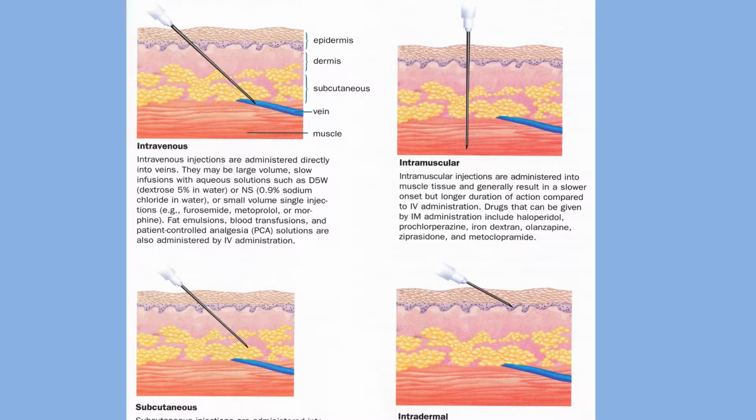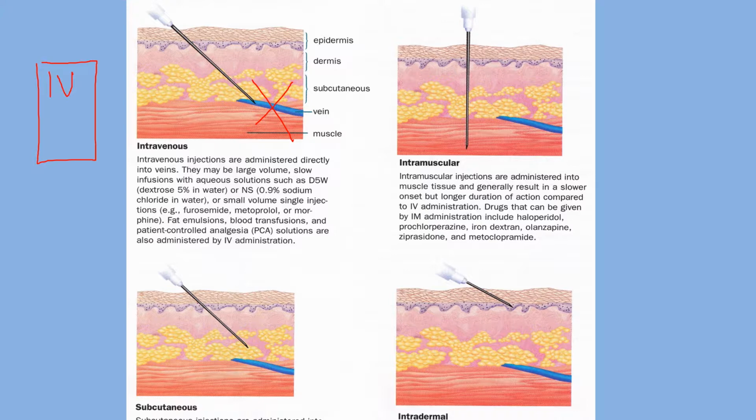Here are some of the IV routes. We will not be practicing any direct IV injections like this. We'll do venous puncture, but we won't be injecting drugs directly into a vein. For us, IV is going to be a big old infusion, a big old bag of IV.